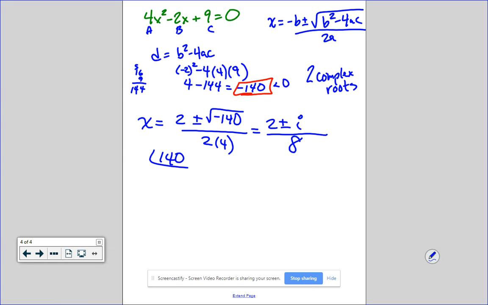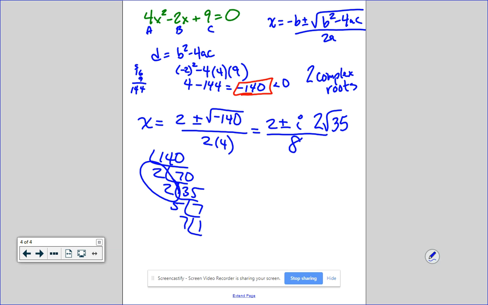What goes into 140? 2. 2 and 70. 2 and 35. 5 and 7. 7 and 1. Looking for pairs. There's one set of 2s. 5 and 7 don't have pairs, so what do we do with leftovers? Put them back in the fridge, right? So it's 2 square root of 35.